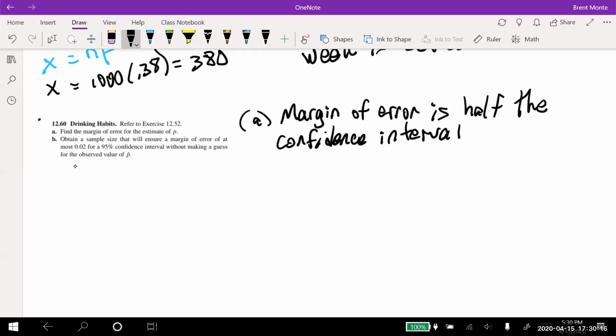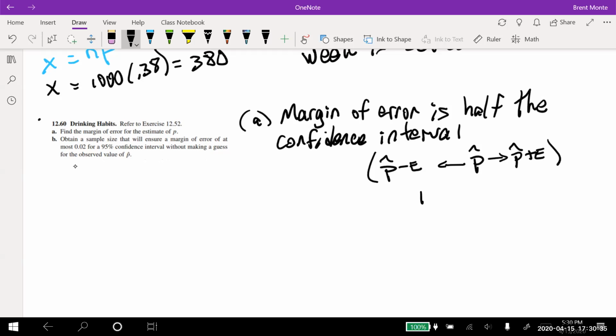Remember the way the confidence interval is built, we're going to start with p hat, and then we're going to go over here, p hat plus the margin of error. That's going to be my right-hand side. But we're going to go this way, p hat minus the margin of error. That's going to be my left-hand side.